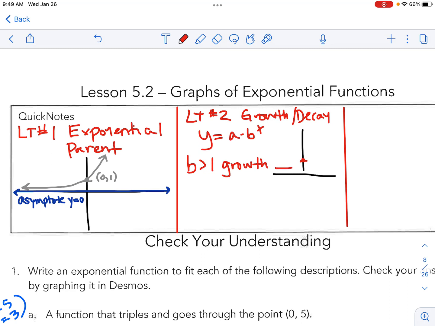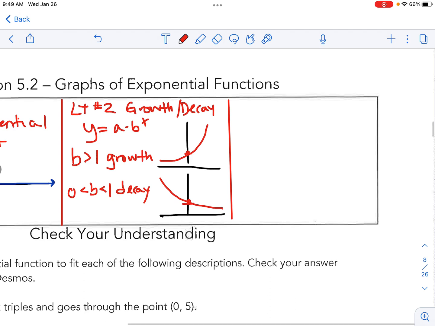We have our intercept at (0, 1). And when b is between 0 and 1, we have decay. That means it's a fraction, like a half or a third. So we have something that looks big on the left, little on the right.